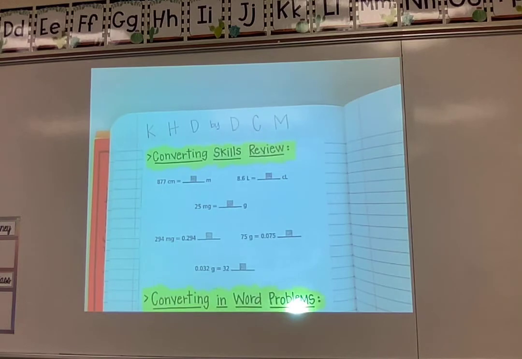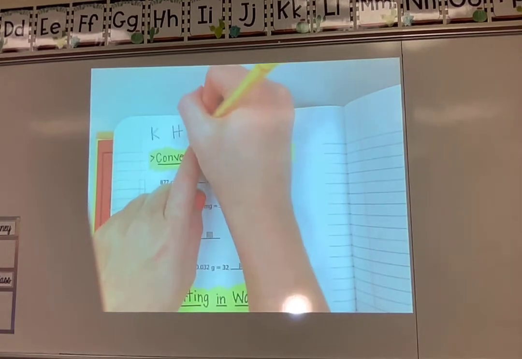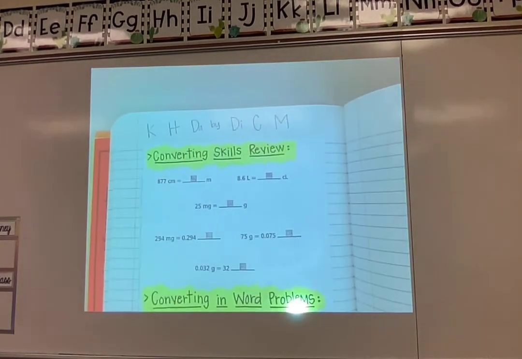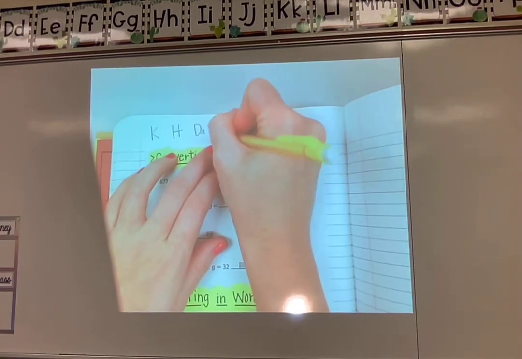Now I need to make a few little extra marks here. Remember, A comes before I. So this has to be deca and this has to be deci. And then remember, by is those base measurements. So those are grams, liters, meters.